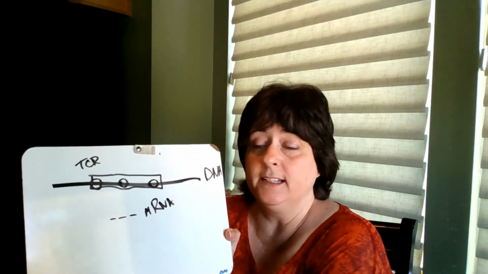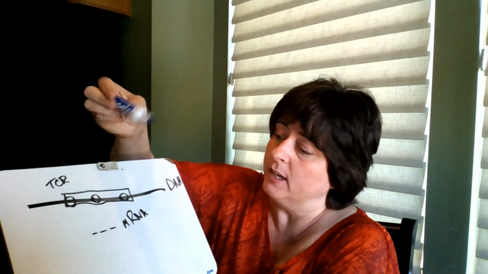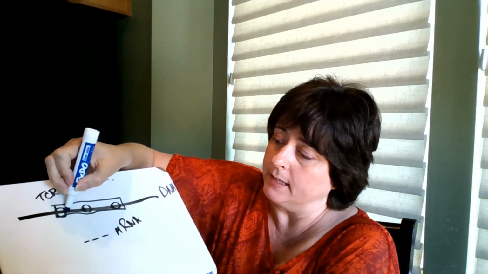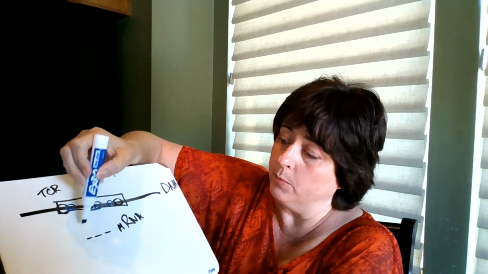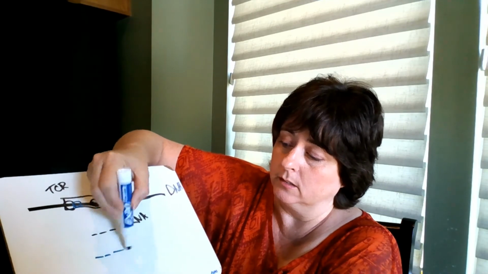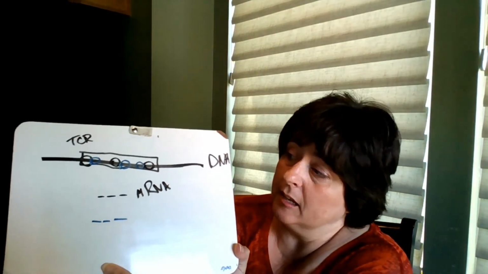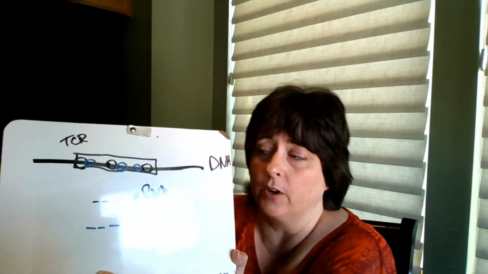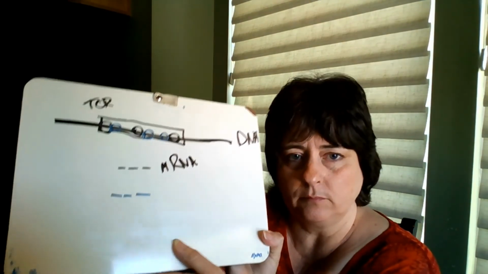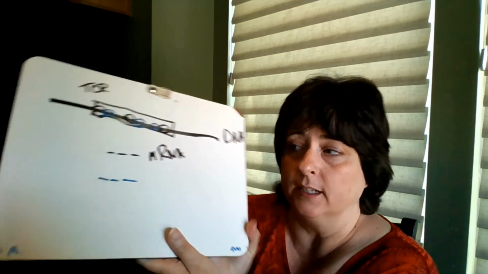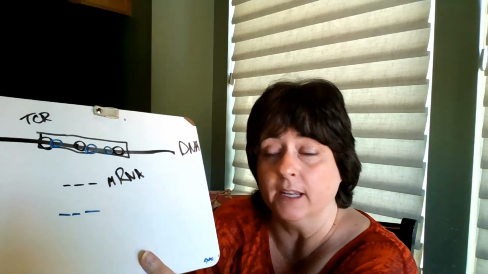So if I need to make a different one next time when the RNA comes through, it's going to take a piece here and a piece here and a piece here and put that together to make a completely different mRNA. And it can do that by using these variable regions and some other stuff like that. So when we do our transcription, this mRNA is completely different from this mRNA, and this is how we get variability.